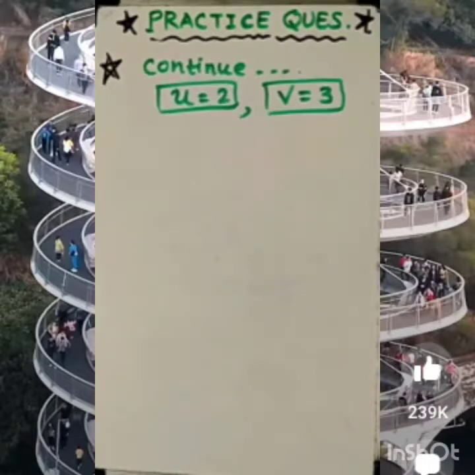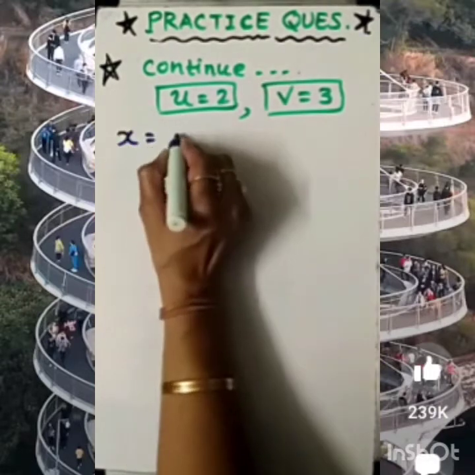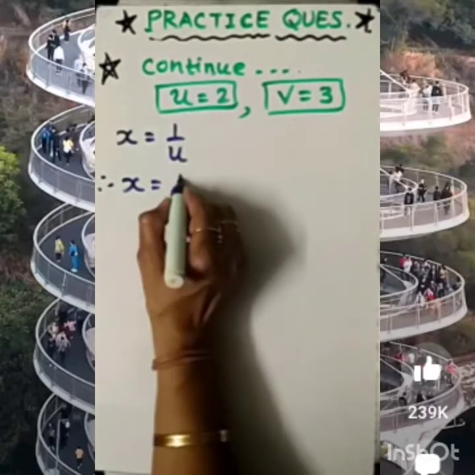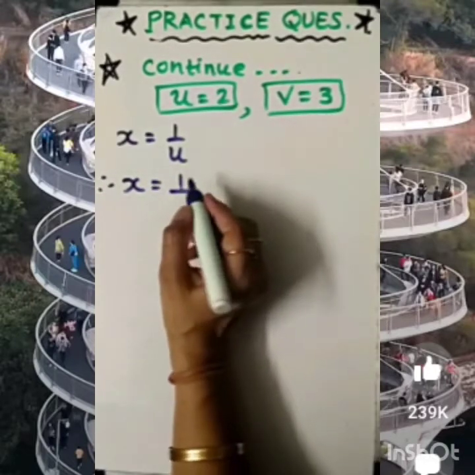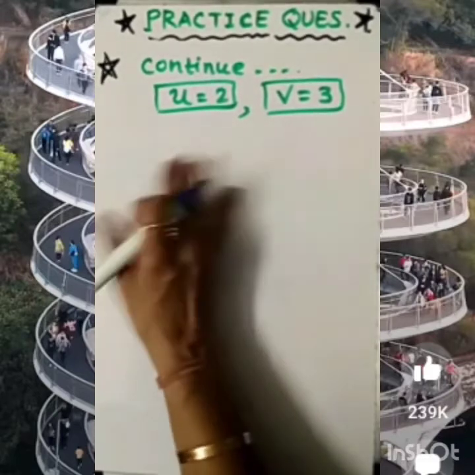So, my dear student, the question is in continuation. Finally, the value of u equal to 2 and v equal to 3 is with us. Now, we have assumed u equal to 1 upon x.